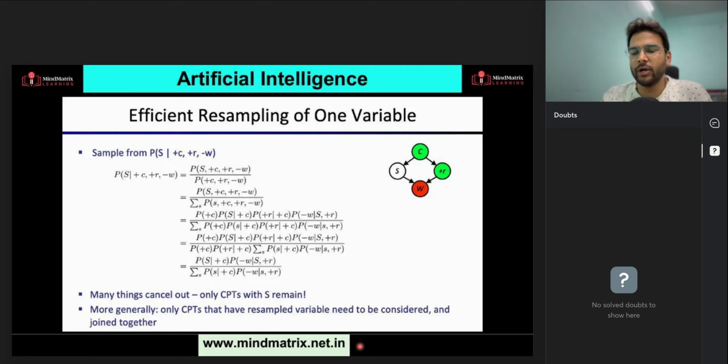Is this clear to all of you, how you are doing resampling over non-evidence variables?